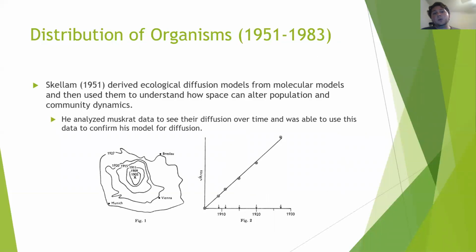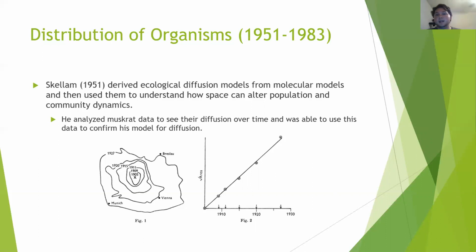And so then we move on to the distribution of organisms with Skellam 1951, who derived the ecological diffusion model from molecular models and then used them to understand how space can alter populations and community dynamics.